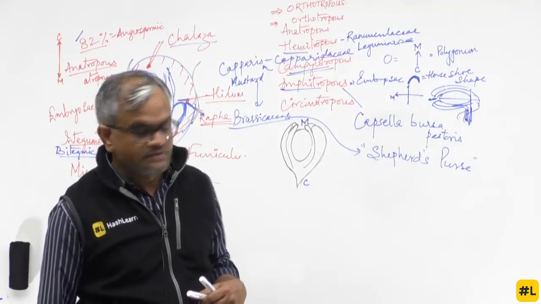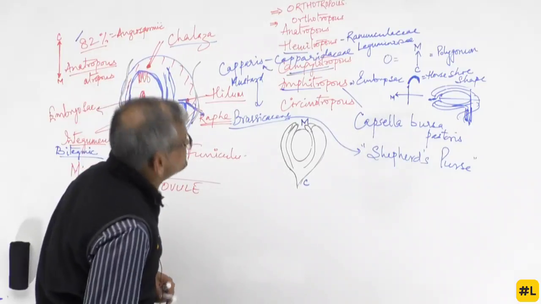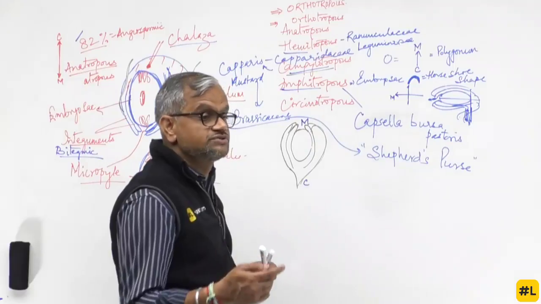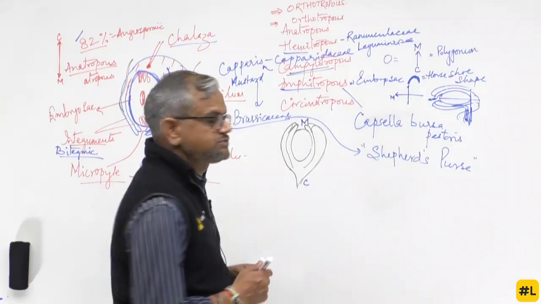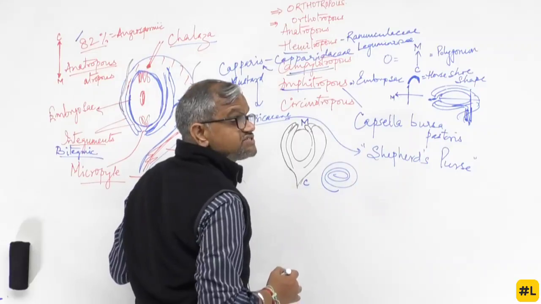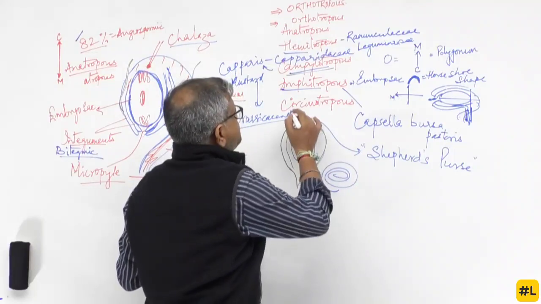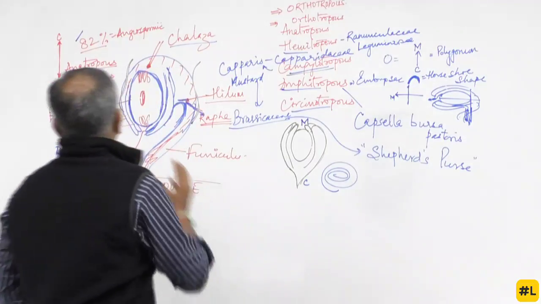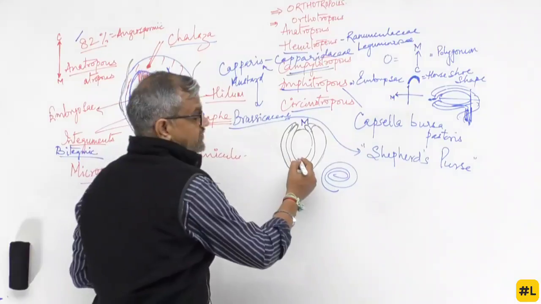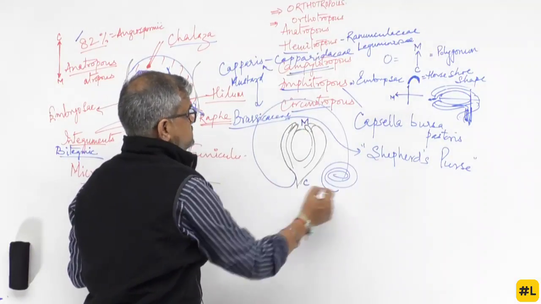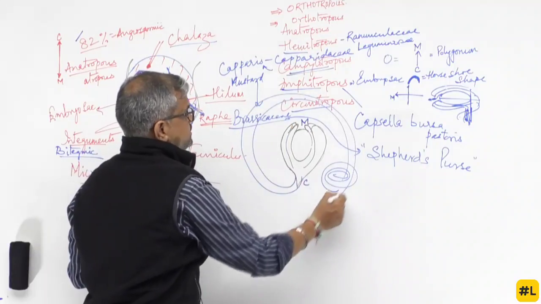Very good. Coming to something very interesting, that is Circinotropous. This word Circino, I have used when I taught you gymnosperms. So what happens here? The entire ovule is like an orthotropous, straight, but the funiculus makes a complete 360 degrees.